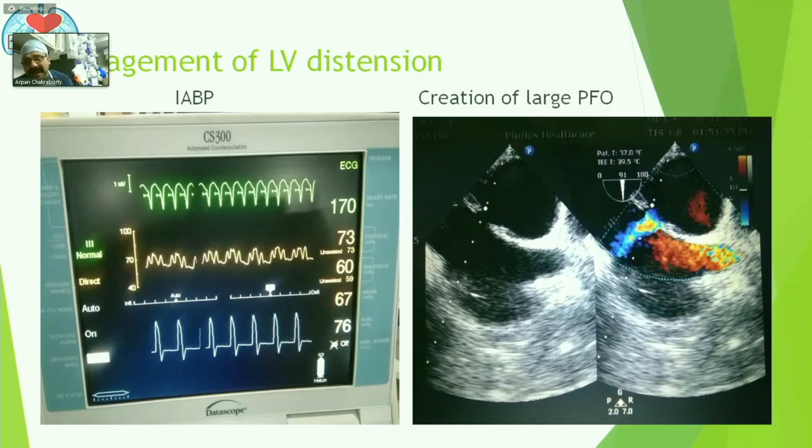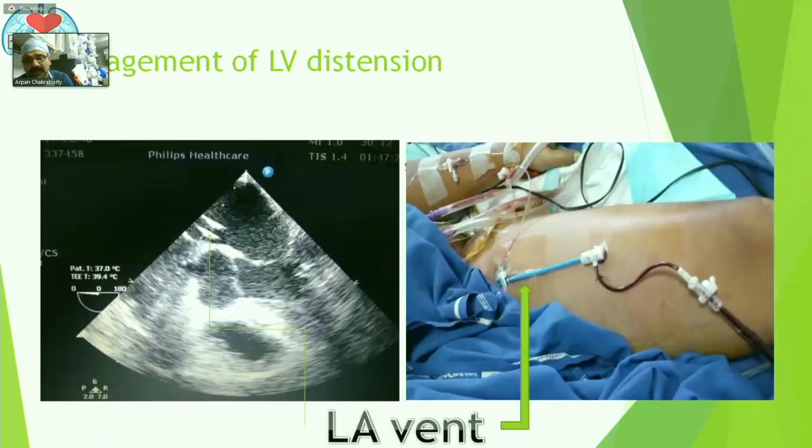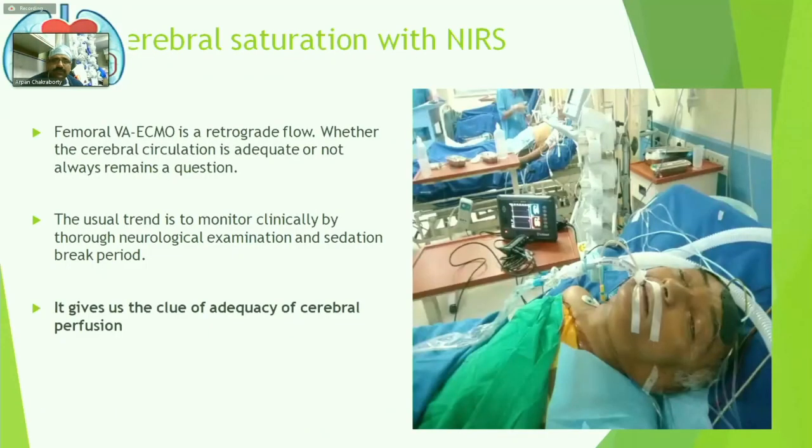Practically speaking, this doesn't help as much as the IABP. Or we have punctured the intra-atrial septum and drained blood from the LA and connected it to the venous circuit. Out of these, IABP was the commonest way of LV decompression.